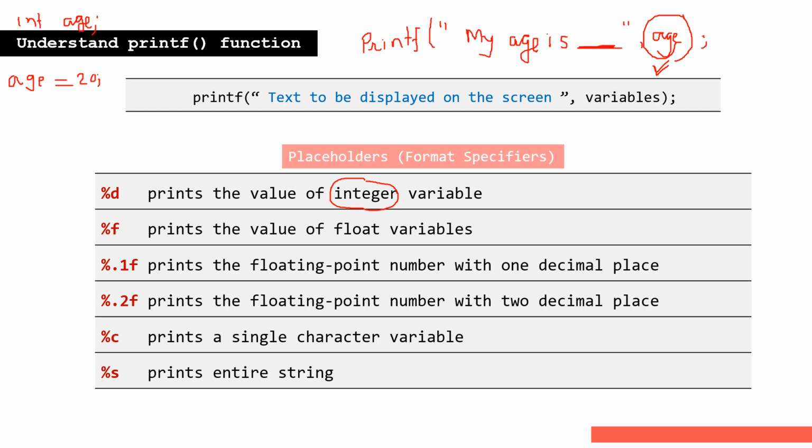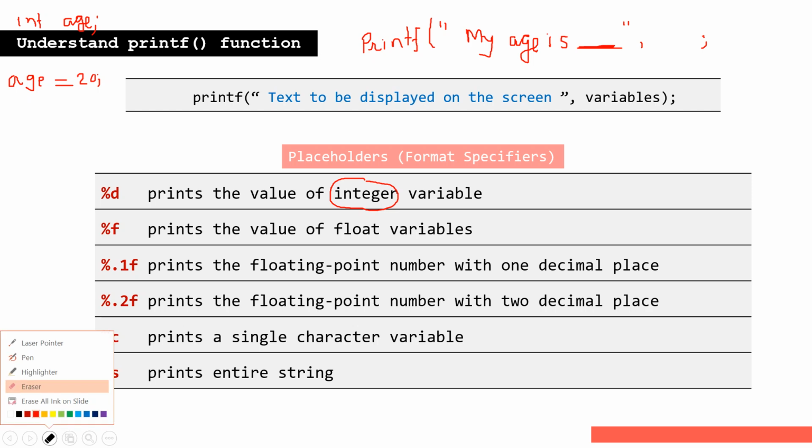If the variable is a float variable, then instead of age, suppose you want to print a CGPA. CGPA is basically float type data, right? Let us say you want to print the CGPA of a student. It will involve decimals.